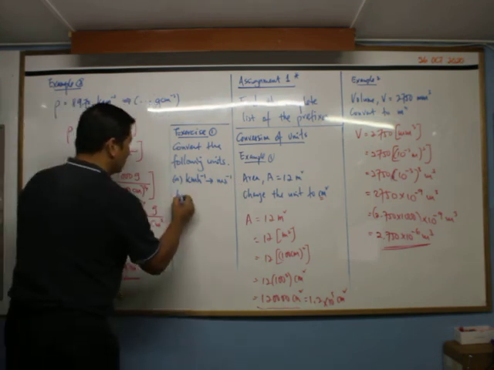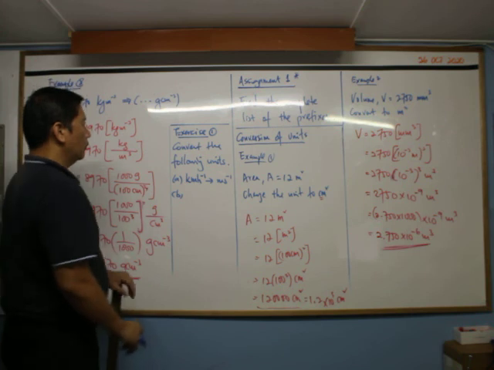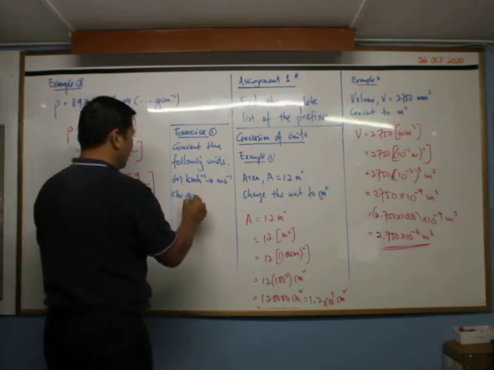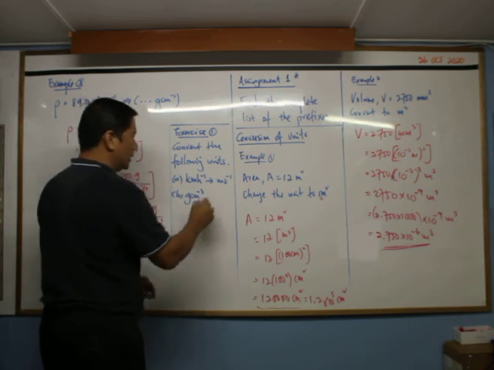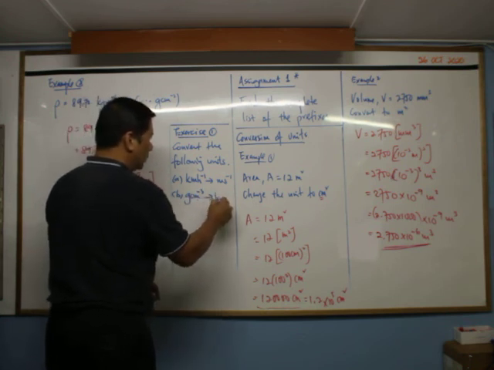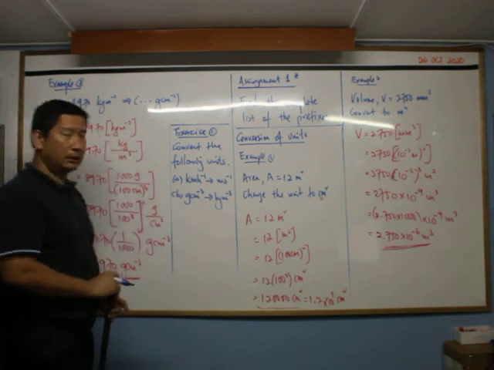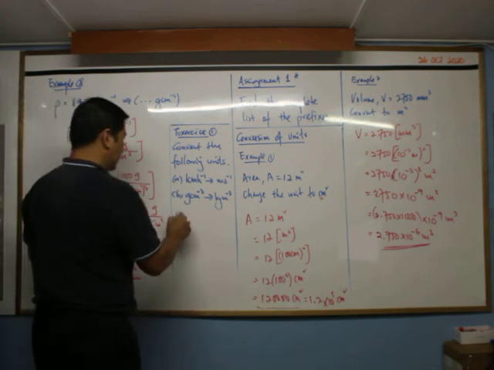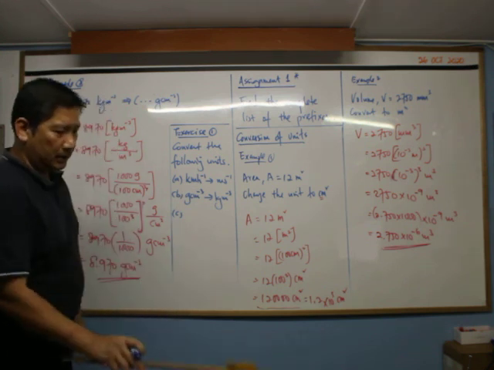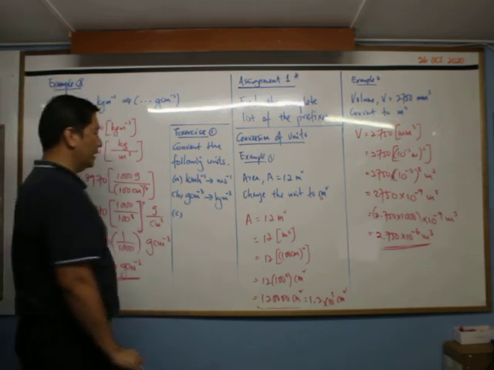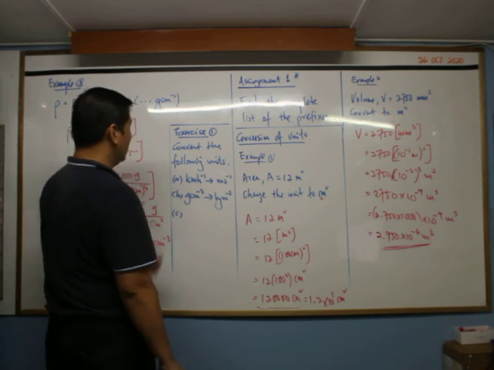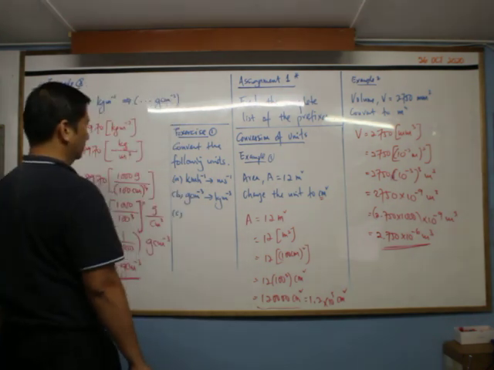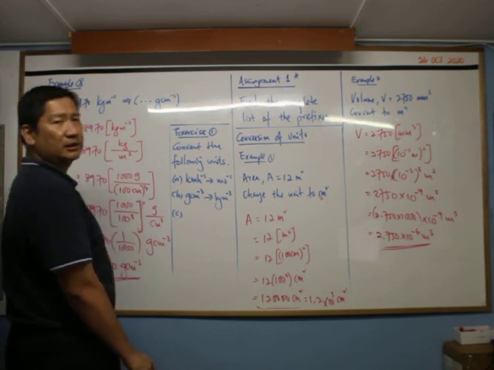And then B, gram per cubic centimeter to kilogram per cubic meter. The opposite of example number 3, you can refer to this one. And then number C, can't think of any example anymore. I think 2 is enough.